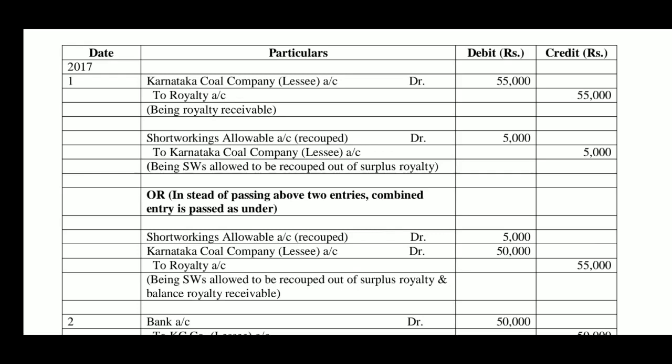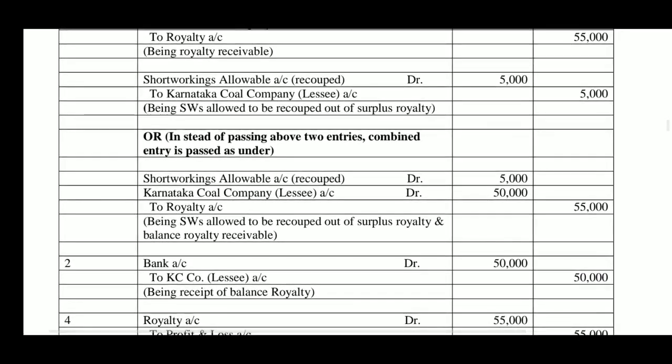Now, 5,000 rupees is credited to the lessee's account because actual royalty was debited, 55,000 was debited to the lessee. Now, 5,000 which is allowed to be recouped is credited to the lessee. So, the net amount of 50,000 is due from the lessee, that is shown in the combined entry. So, in the second entry, short workings allowable account debtor to lessee's account, being short workings allowed to be recouped out of surplus royalty. Now, see the combined entry.